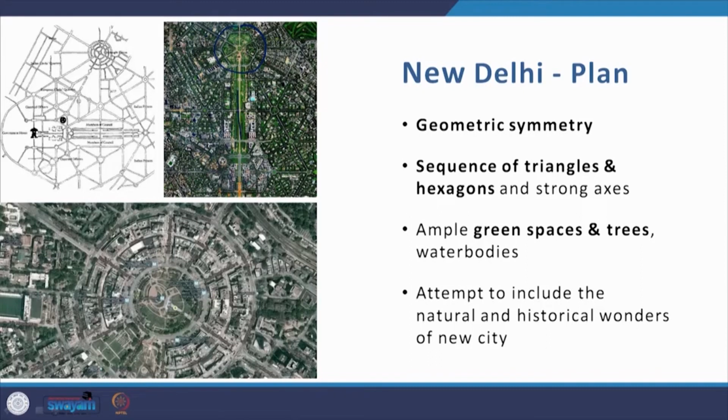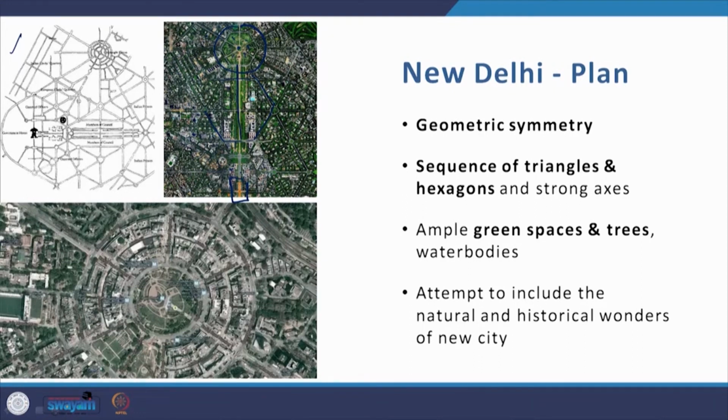This is the Rajpath. It is not completely clear in the satellite image, but this is where the Rashtrapati Bhavan and the north and south block are, and this is a hexagon divided into these triangles, right. And now this module continues, this is a bigger hexagon here, again subdivided into triangles, as you can see here from the plan.